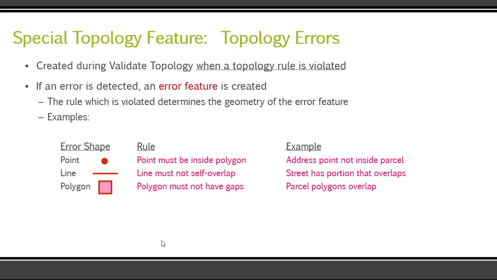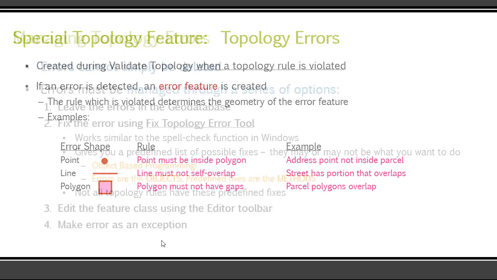For errors that occur with line rules and line data sets, you're going to see an error shape of a red line. And for errors that are associated with polygons, you're going to see a polygon shape identifying where the error is. We're going to get lots of practice with this in our activities about seeing those error shapes and understanding how they can be used to help us fix our data.